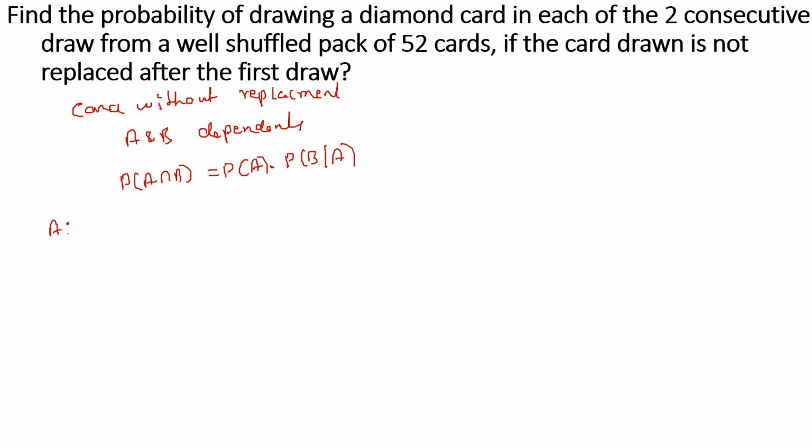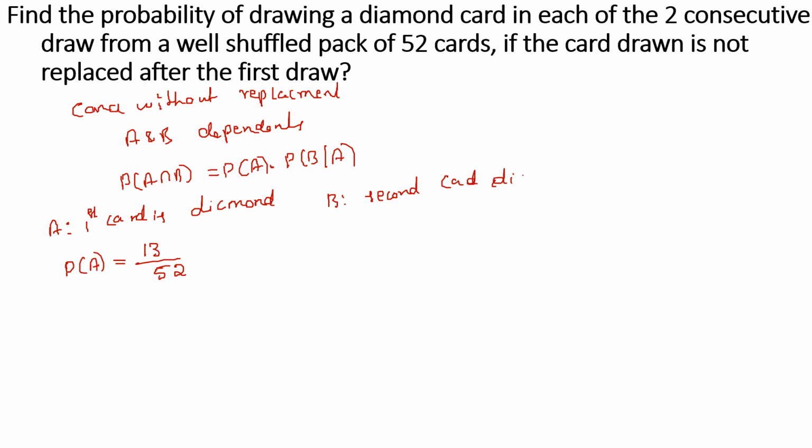So, let A denote first card is diamond. So, probability of A, there are total 13 diamond cards out of 52. So, 13 by 52. Event B is second card is also diamond.